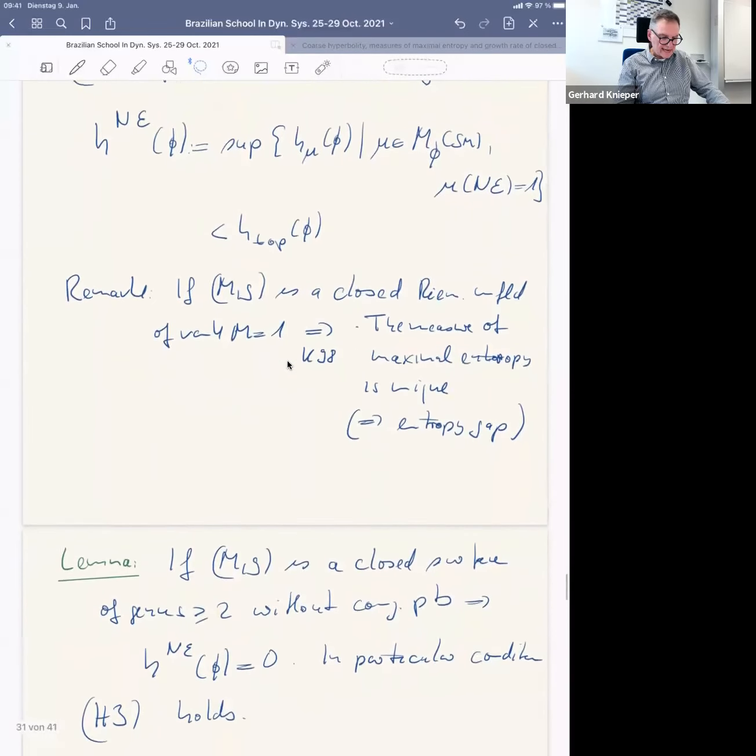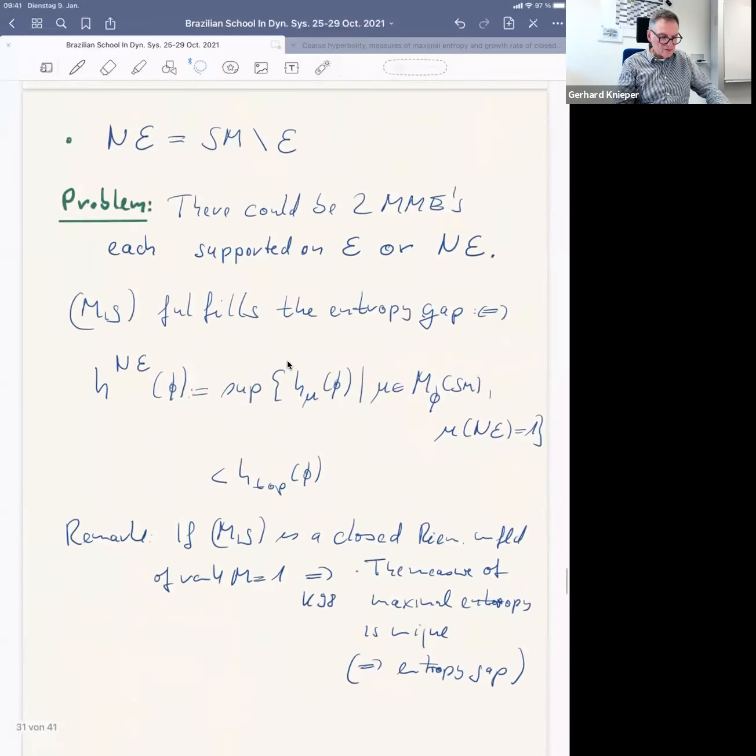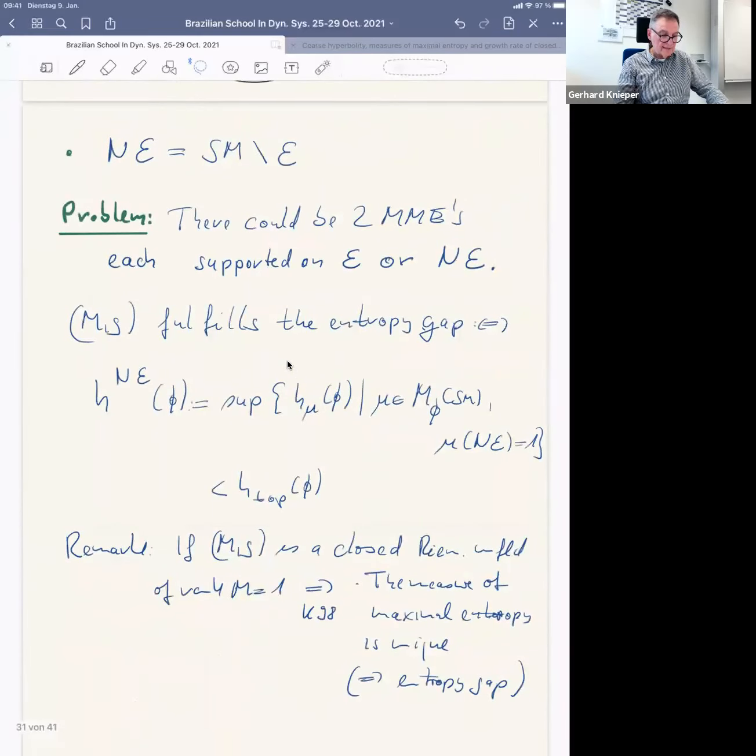And next time, in the last lecture, I will show that if the entropy gap is fulfilled, then the measure which you introduced is the unique measure of maximal entropy. The proof is slightly different from what I did in my paper from 1989, because that paper uses convexity of the metric, and maybe it's possible to do this method also, but this is not so clear.